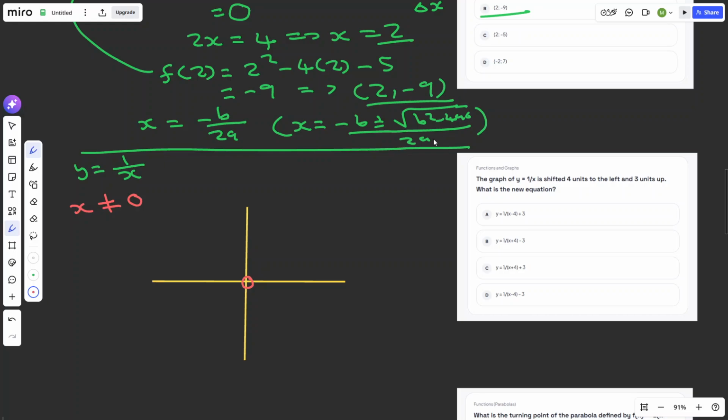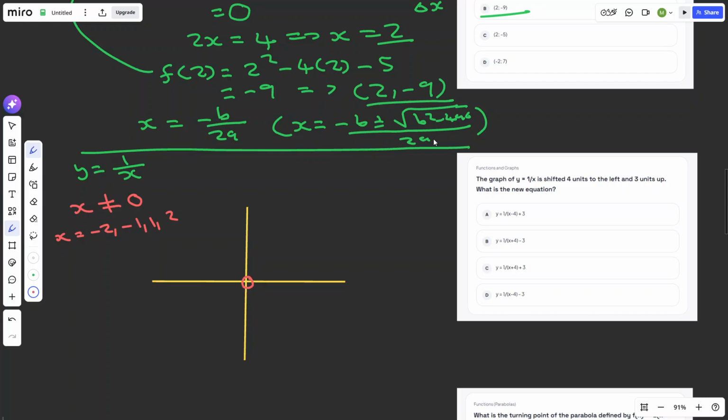We just need a few points, a few points from the negative side of the x-axis, and a few points from the positive side. So let's consider x is equal to, just 2 from each side, so -2, -1, 1, and 2.